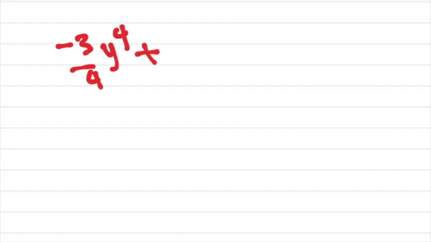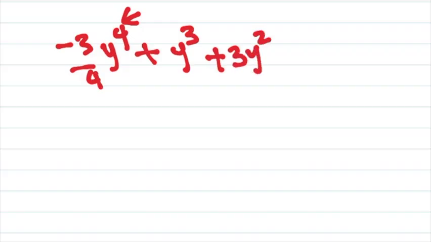So when we integrate with respect to y, we're gonna have 3 over 4 y to the fourth. No, this is y cubed plus 3y squared. We're gonna evaluate it over the region of -1 to 2.